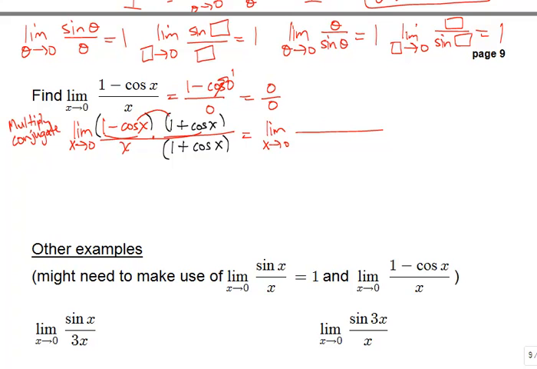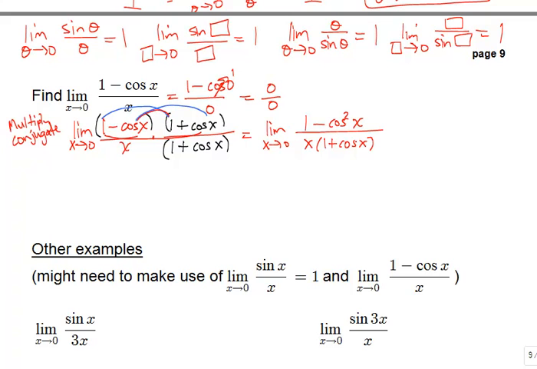The only terms that are going to end up mattering are the first times the first, which is 1 times 1, and that's 1, and last times last, which is a negative cosine x times a positive cosine x, which is a negative cosine squared x. Then on the bottom, we're left with that x and that 1 plus cosine x.